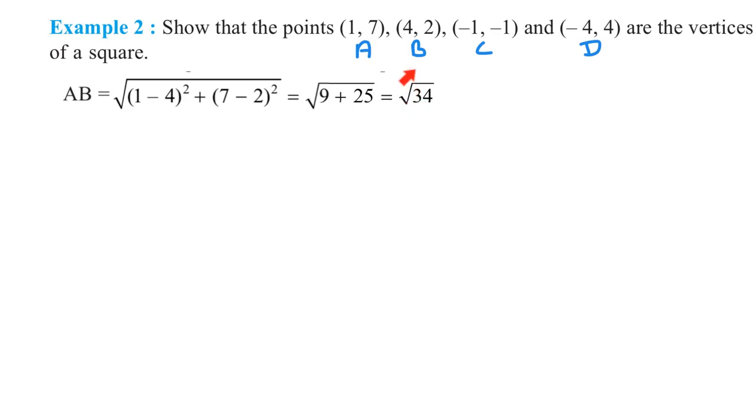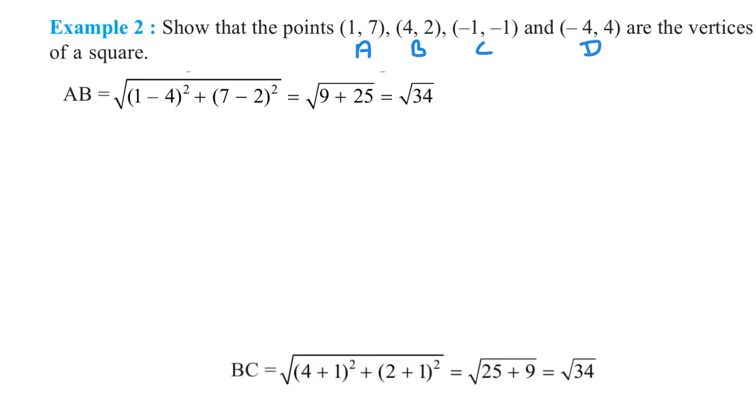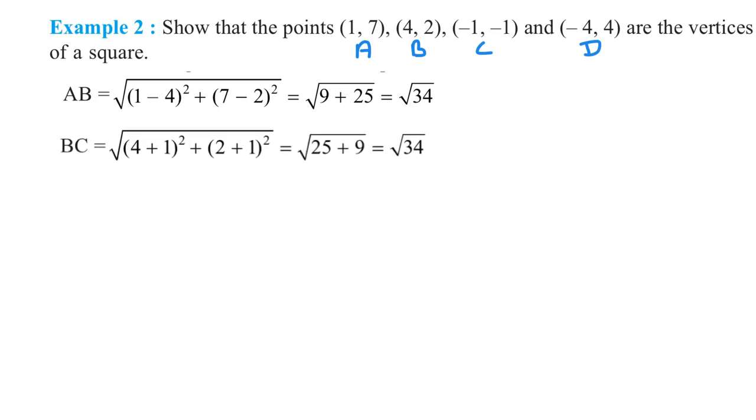Now let's find the distance BC. This is x1, y1, x2, y2. So BC will then be, if you apply the distance formula, square root of x1 minus 1, that's going to become plus 1 the whole square, plus y2 minus 1, that's going to become plus 1 the whole square, and that's going to be square root 34.